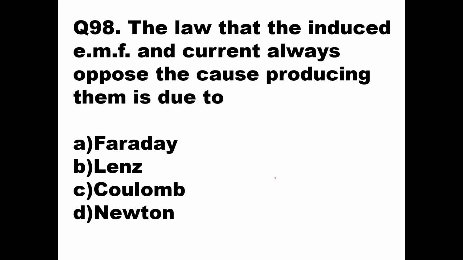This is nothing but Lenz's law. Out of the four names, Faraday, Lenz, Coulomb, and Newton, the law that says the induced EMF and current always oppose the cause producing it is Lenz's law. So B, Lenz, will be the correct answer.